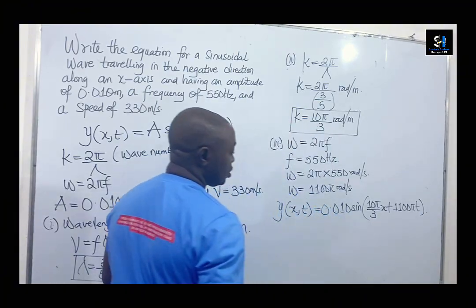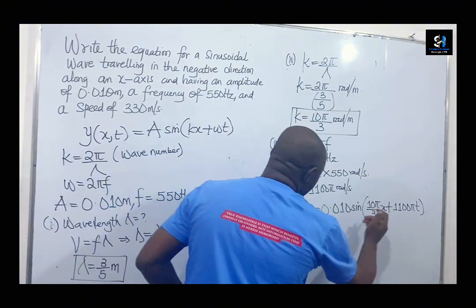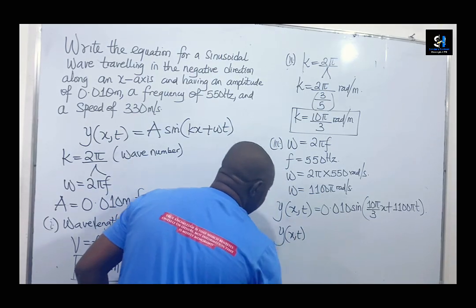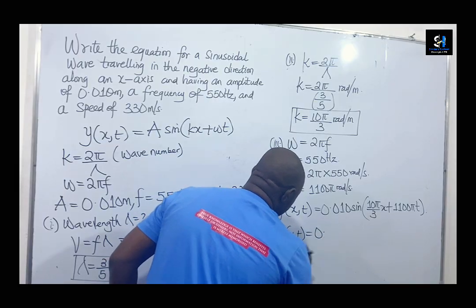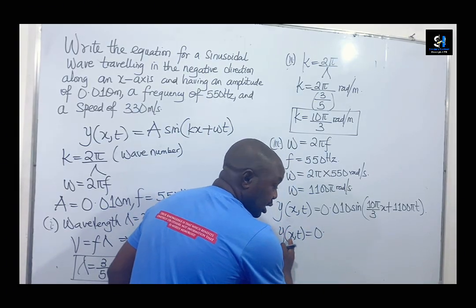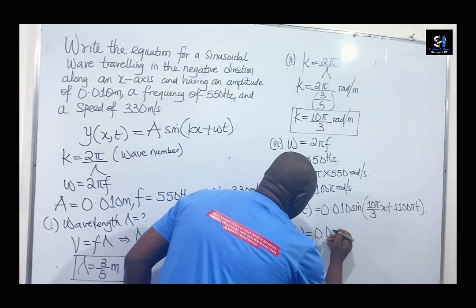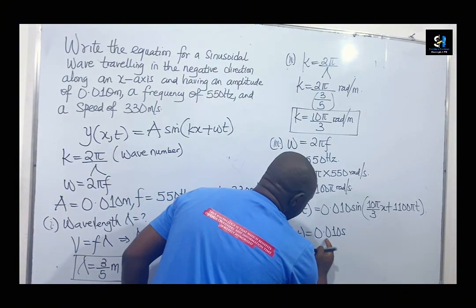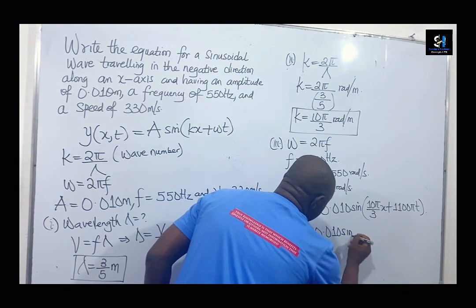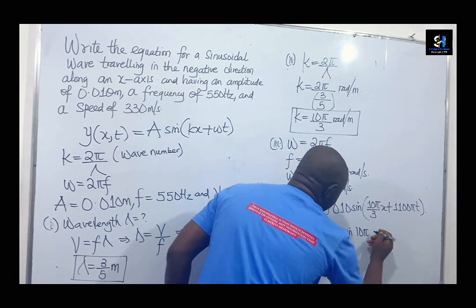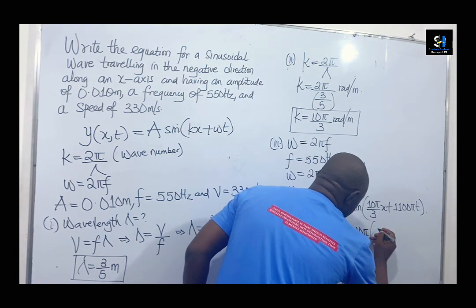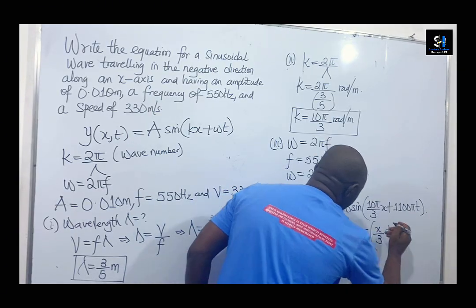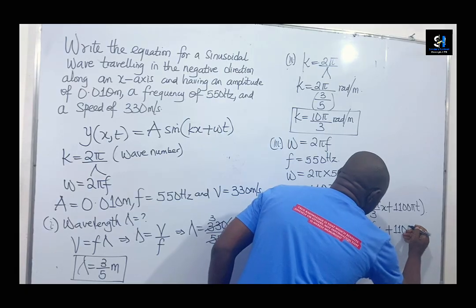Now let's bring out the common factor. The sinusoidal wave equation will be y of x and t equals 0.010 sine of 10 pi times (x over 3 plus 110 t).